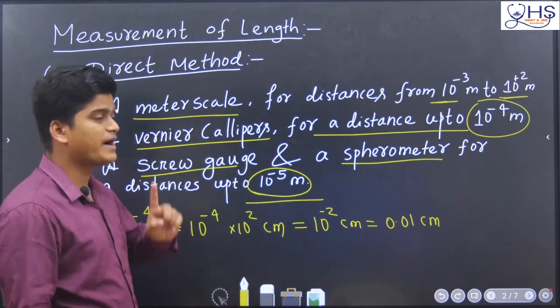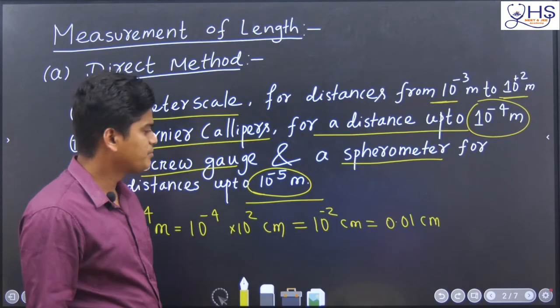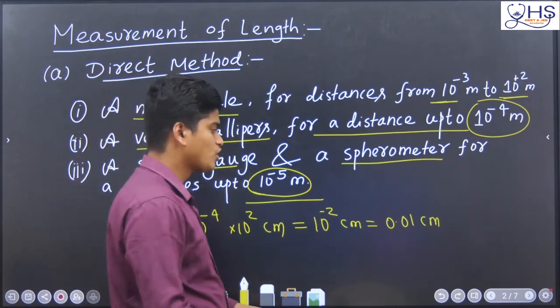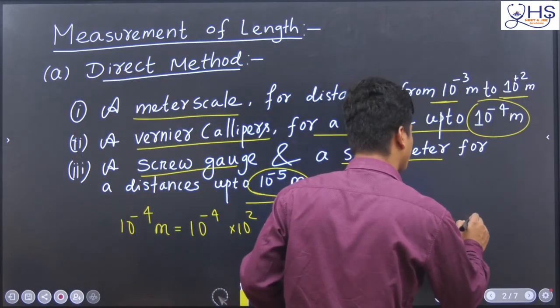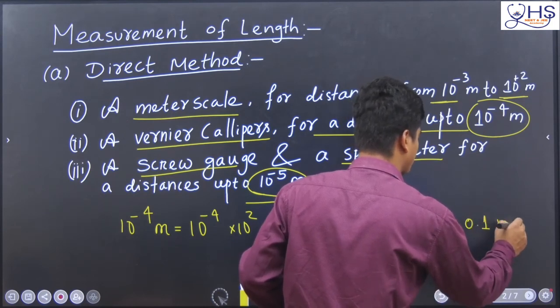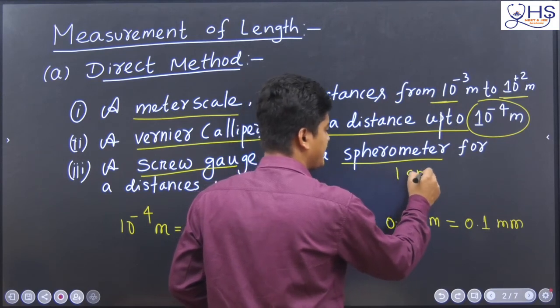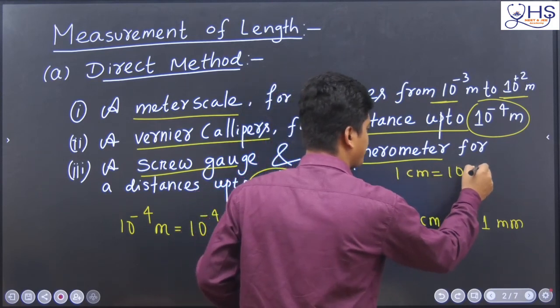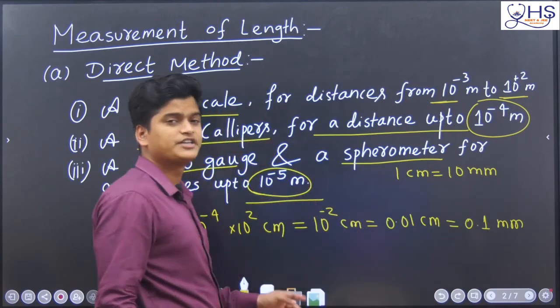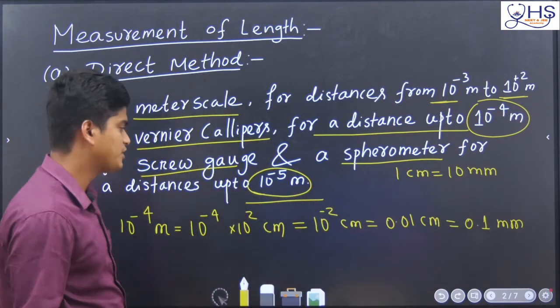This is the least measurement the Vernier Caliper can do. This 0.01 centimeter can also be written as 0.1 millimeter. Why 0.1 millimeter? Remember, 1 centimeter is nothing but 10 millimeter. If we multiply by 10 here, it becomes 0.1 millimeter.